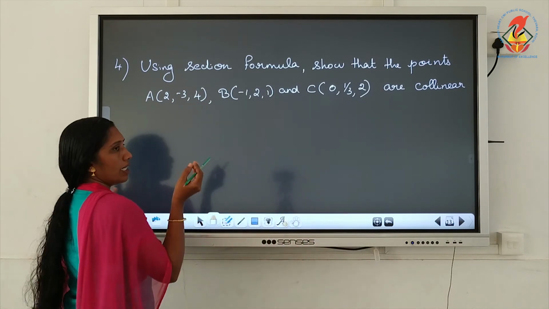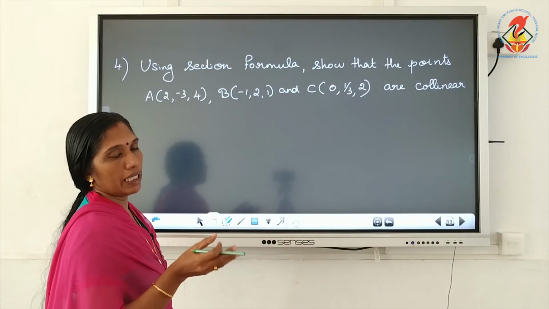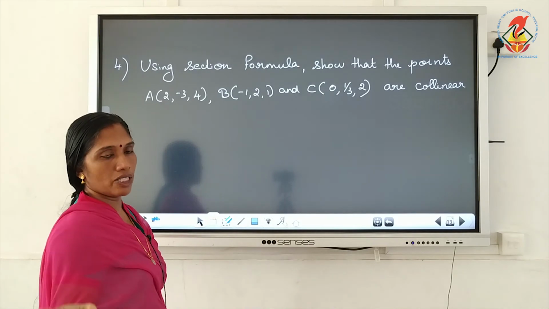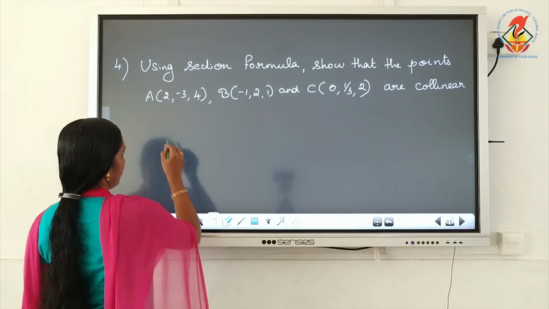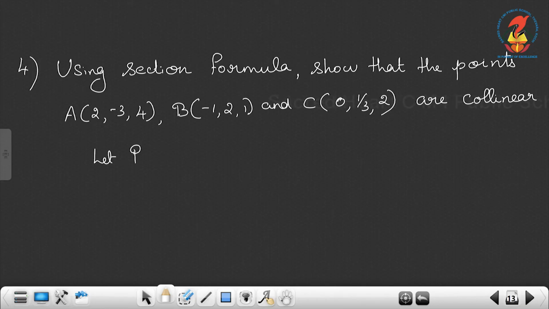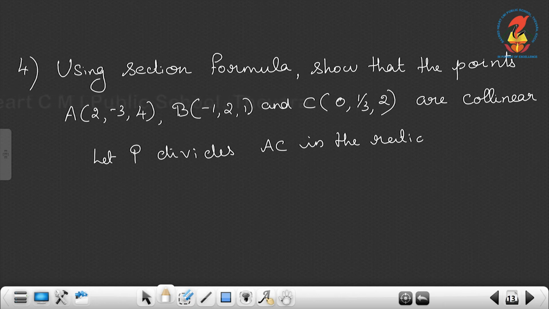Then we take another point P. P divides this AC in the ratio k is to 1. Let P divide AC or AB or BC, whatever you want you can take. P divides AC in the ratio k is to 1.